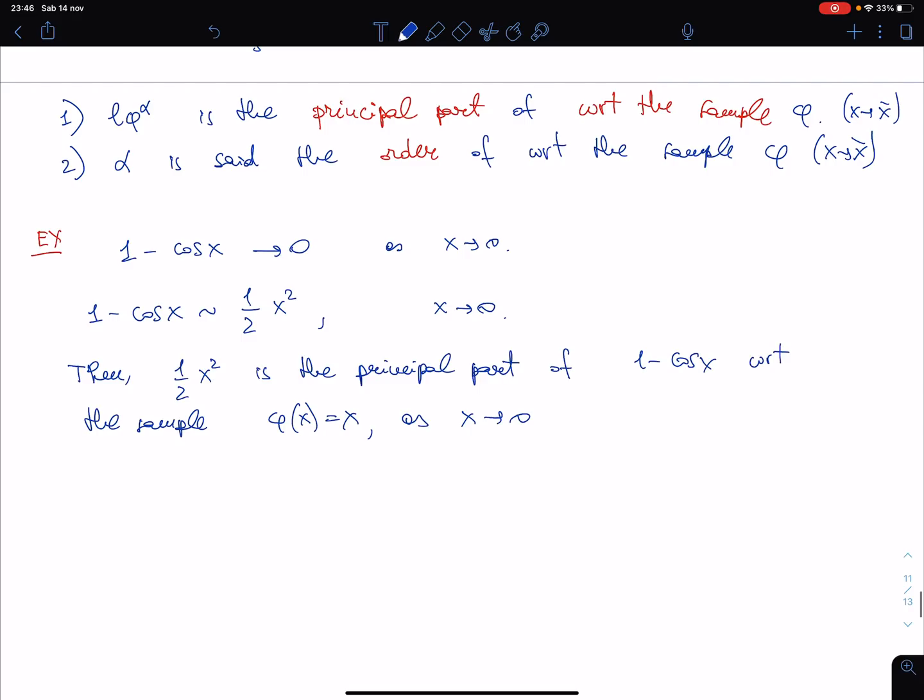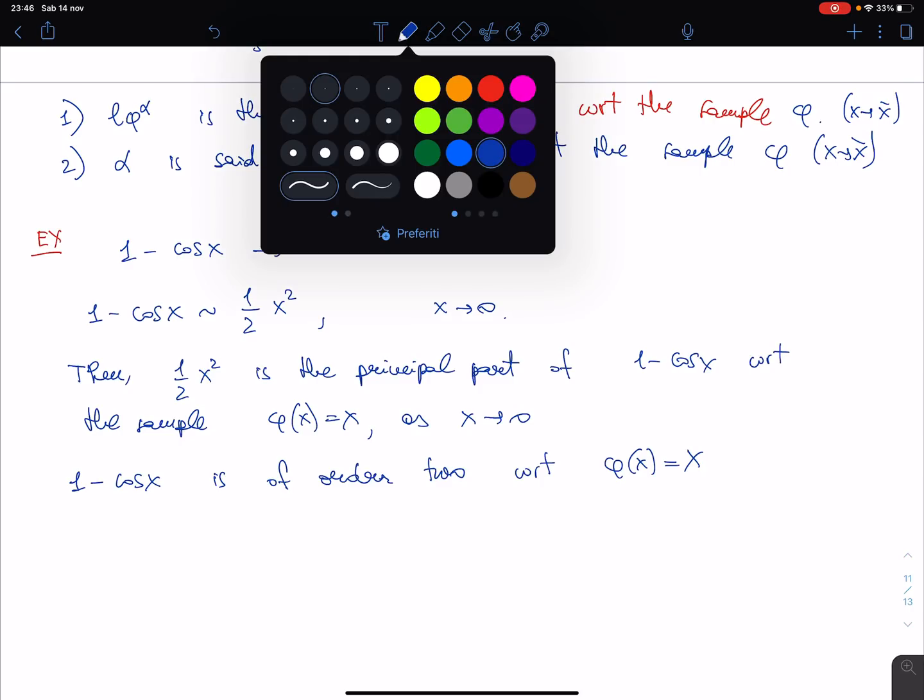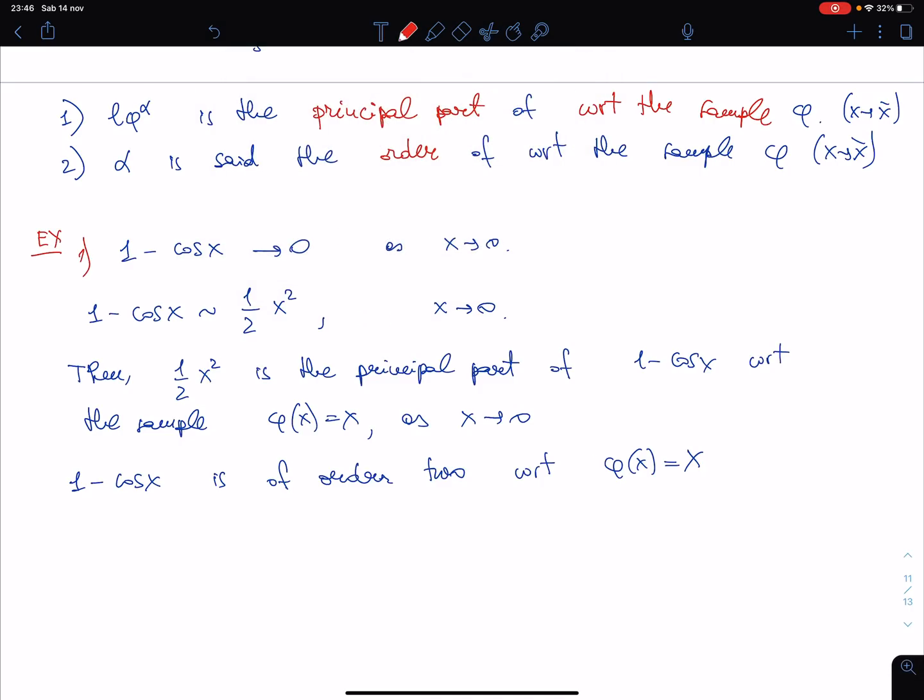And of course, we can add that 1 minus cosine of x is of order 2 with respect to phi of x is equal to x, to this sample. Okay, and again, this was the first example.